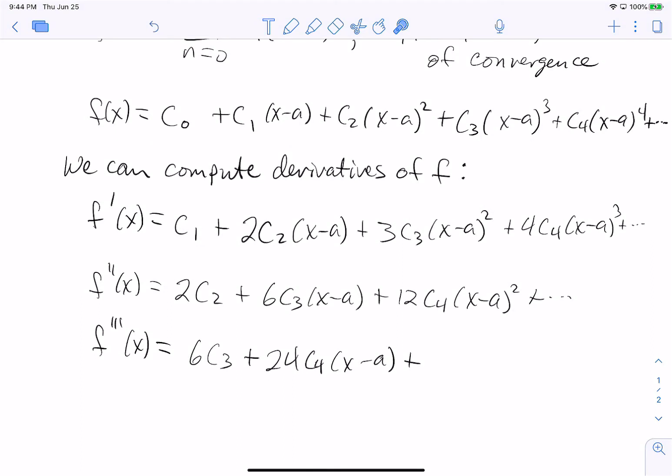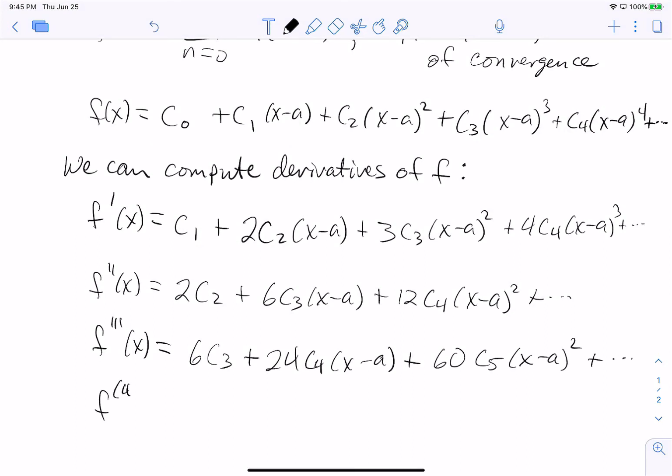Differentiating that would give us 5c5 times x minus a to the fourth. Differentiating that, 5 times 4 times c5 times x minus a cubed. So now we'd have 5 times 4 times 3 times c5 times x minus a squared. That's 60c5 times x minus a squared, but we still have plus dot dot dot.